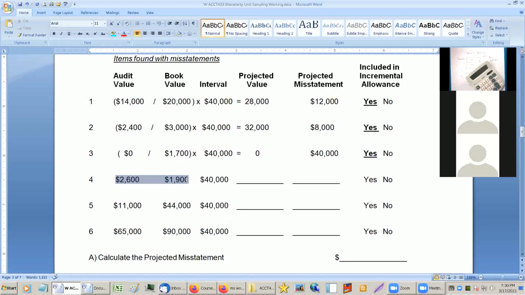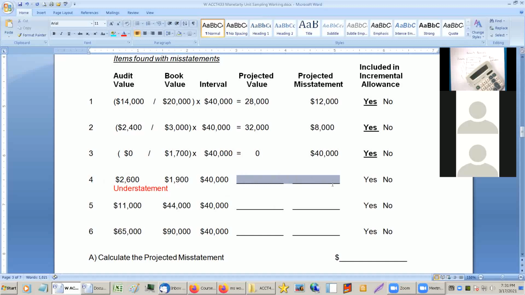This one. This is an understatement. You'll notice that the audit value is 2,600, they only have 1,900. This method is not supposed to catch those. And in this case, we ignore it.